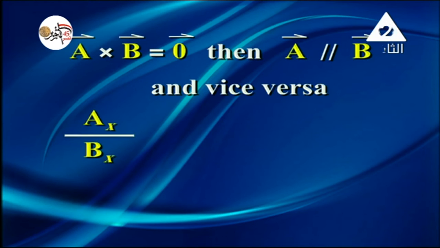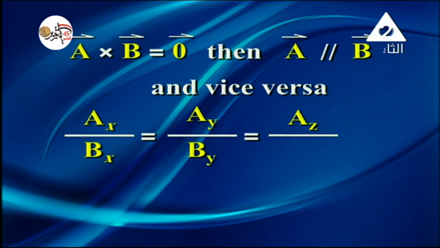And we deduce that the components AX over BX equal AY over BY equal AZ over BZ. If A vector is parallel to B vector, then AX over BX equals AY over BY equals AZ over BZ.